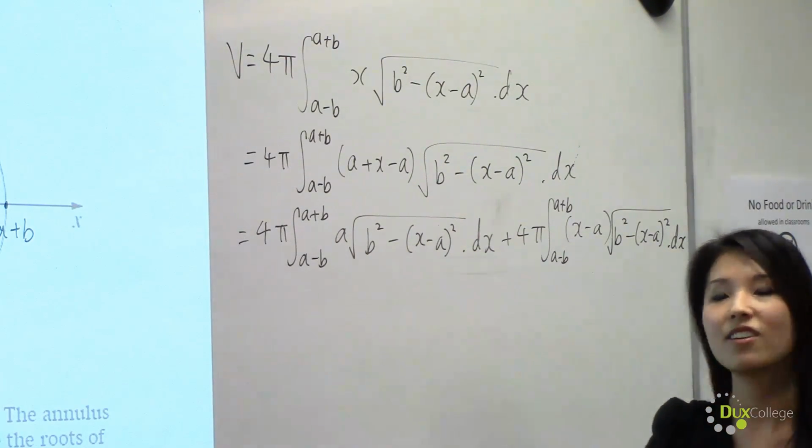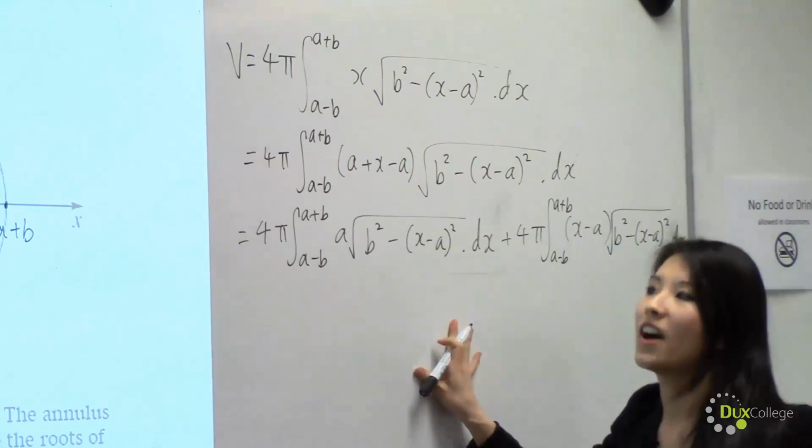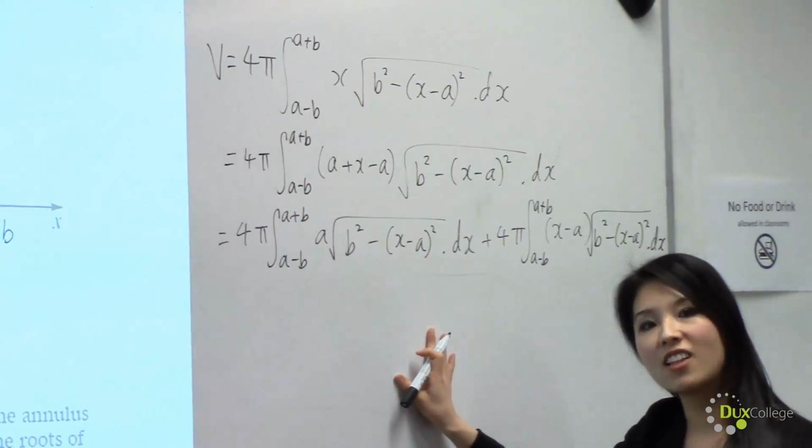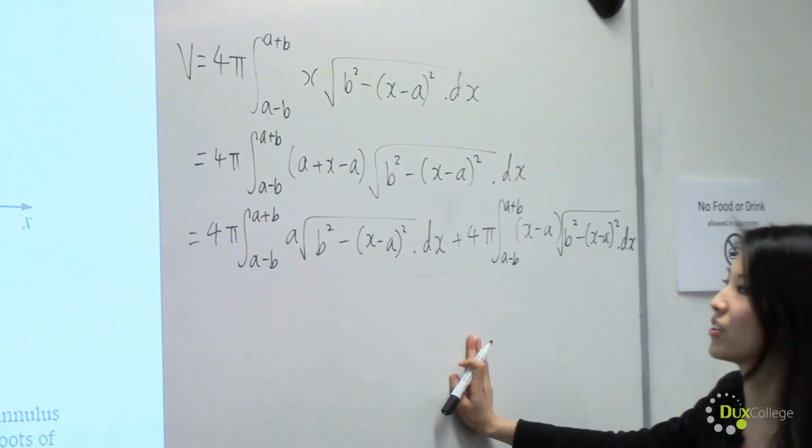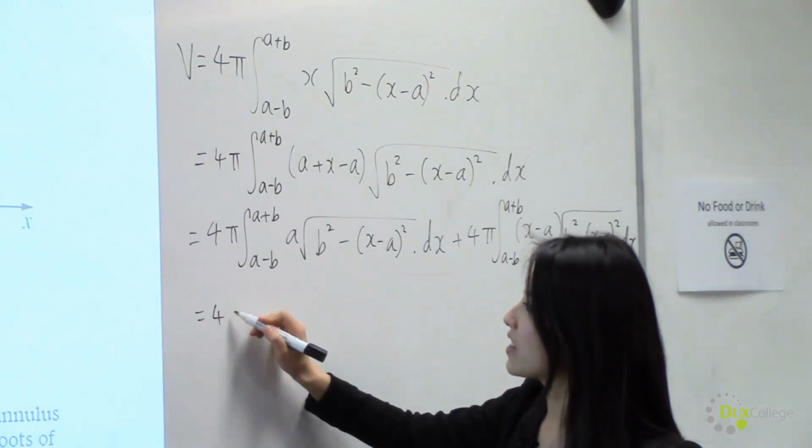Okay, as you can see here, this is why we should use the slicing method rather than the cylindrical shell. As you can see, the algebra here is very difficult. But regardless, we can still integrate this.